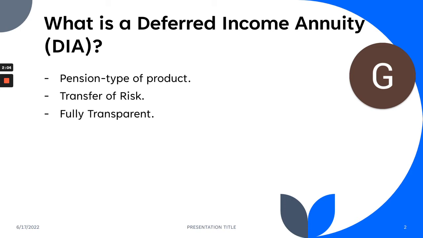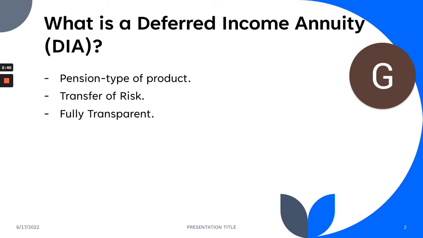With a deferred income annuity, you're basically transferring the risk of outliving your retirement sources of income way into the future, meaning that you can be assured that every time you put money into a deferred income annuity, your income payment in the future is going to be guaranteed. You don't have to worry about market fluctuations or losing your money. You're going to get your money guaranteed in the form of an income stream whatever date in the future you select within your contract.